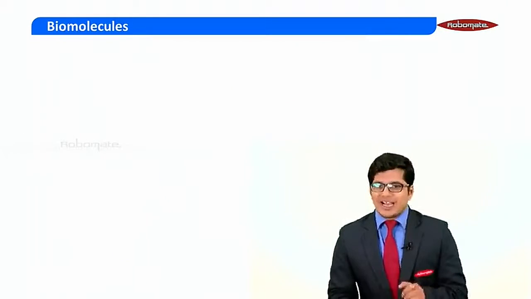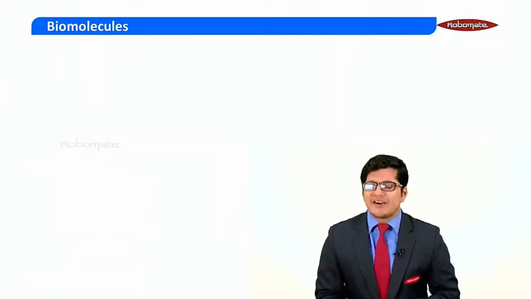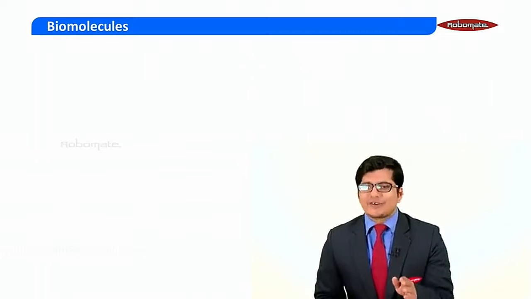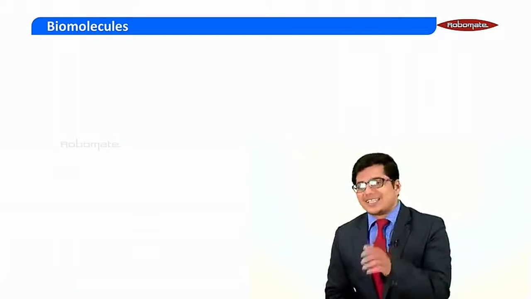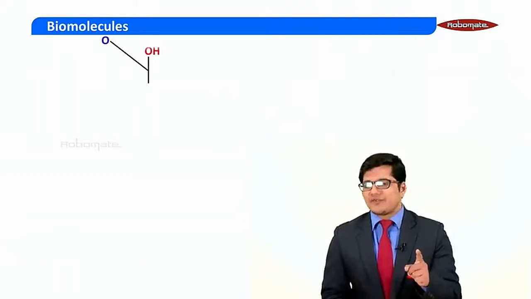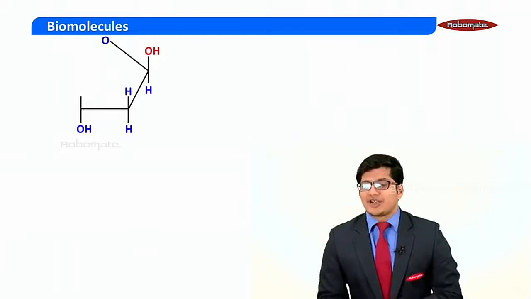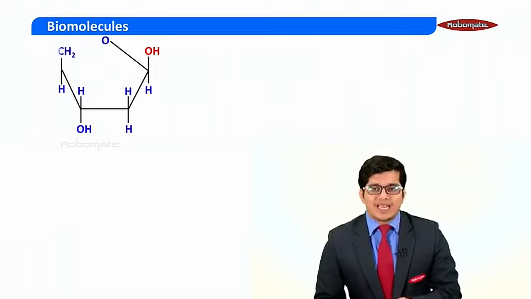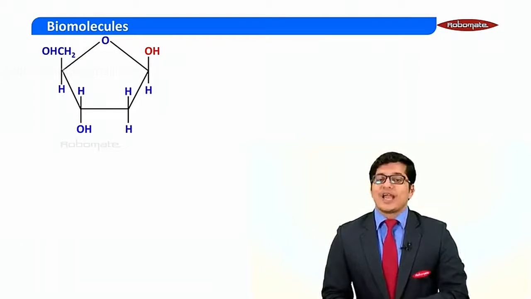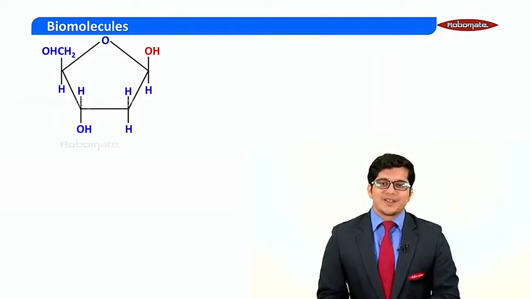So let's now understand the structure of DNA, or the structure of the polynucleotide which makes this DNA molecule. First of all, we have a sugar molecule which is a pentose sugar, that is a sugar containing 5 carbon atoms, and in this we have deoxyribose.